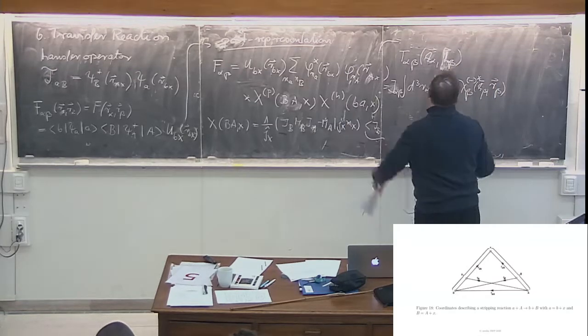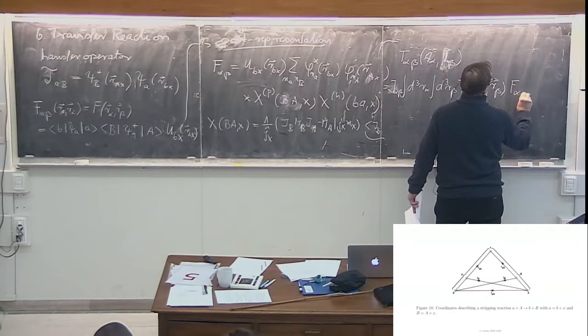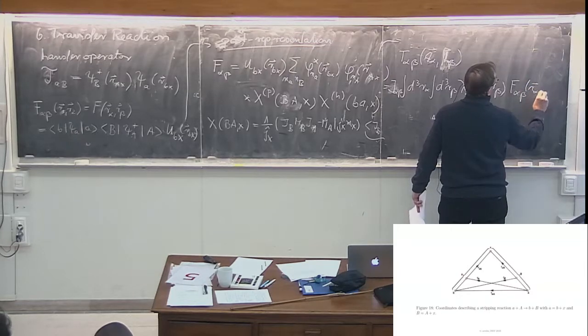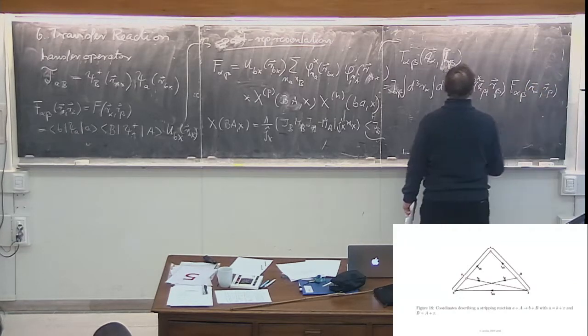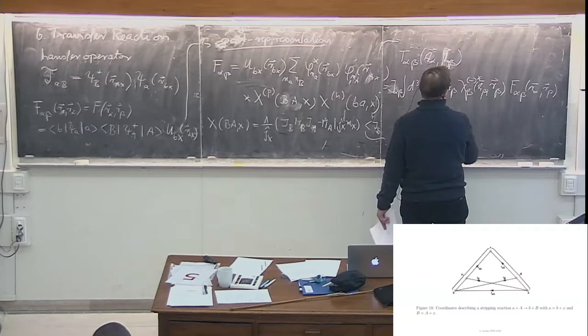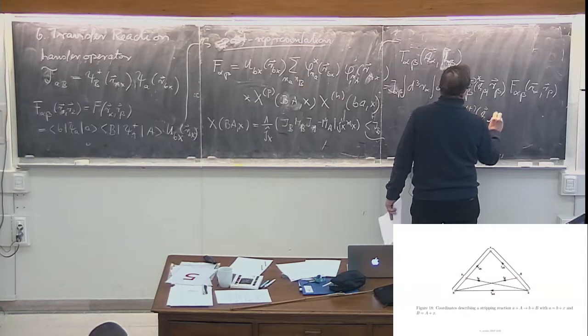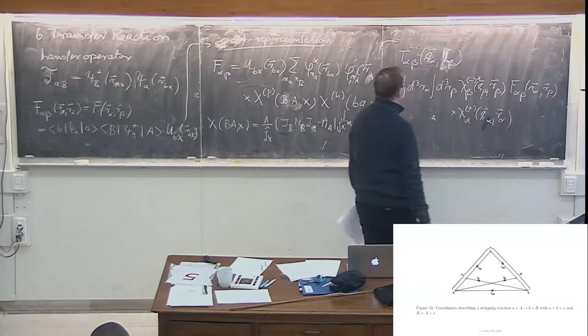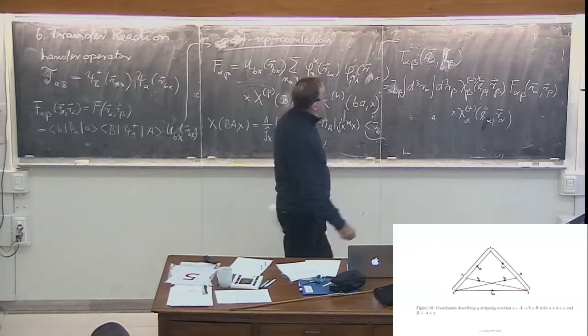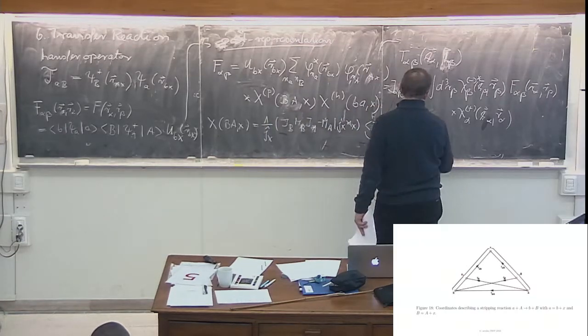Here I have this form factor alpha beta, depending on those channel coordinates, and I have the initial distorted wave K alpha, R alpha. That is called the exact finite range DWBA amplitude, EFR.